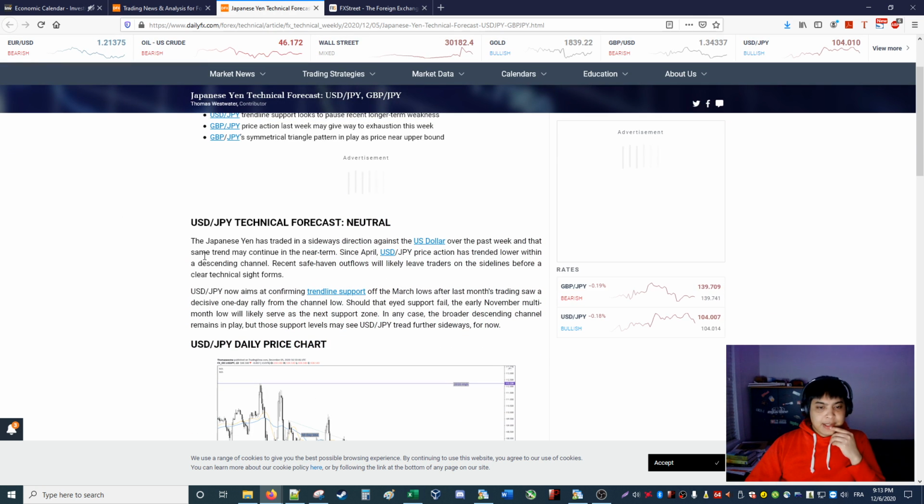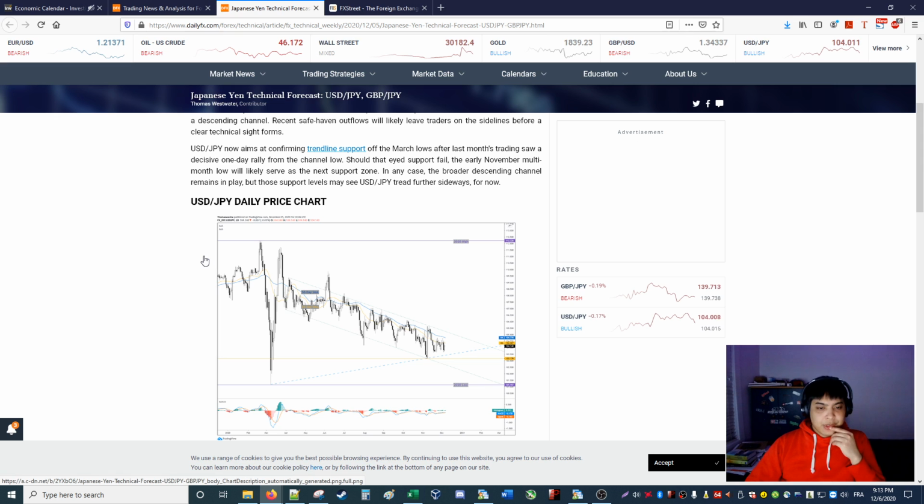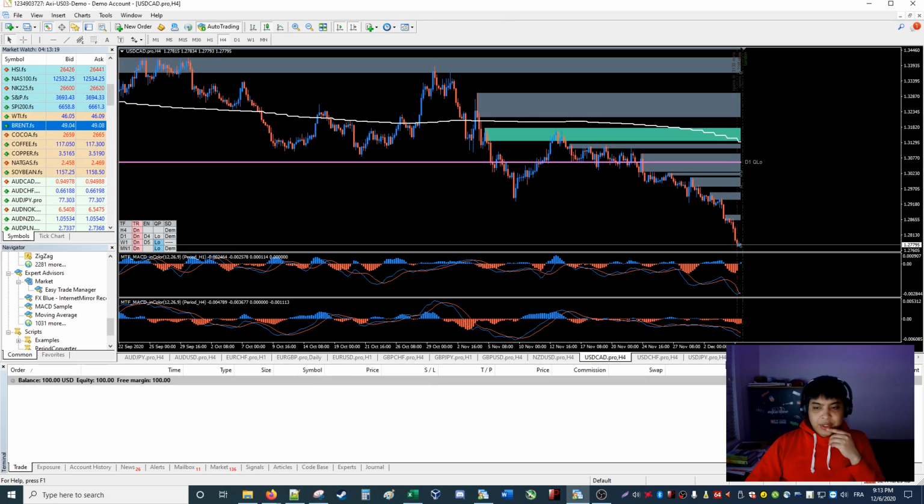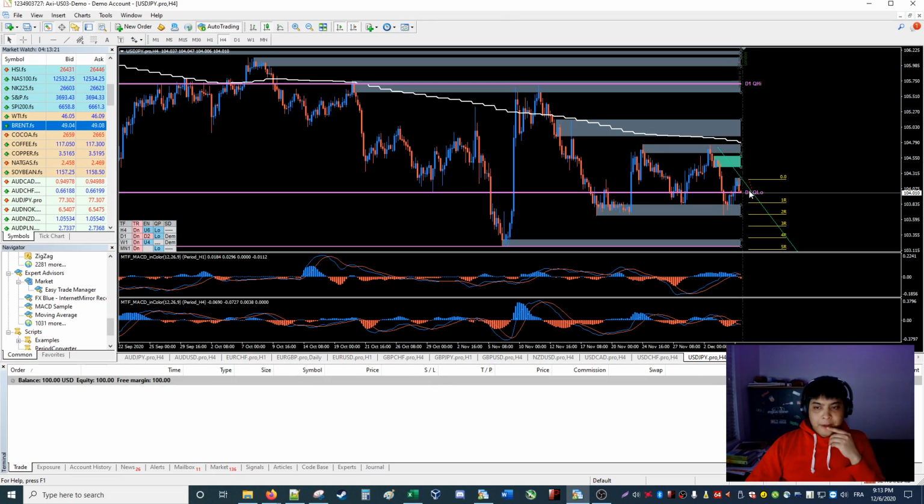And here it also confirms that the USD JPY is in the channel, and it wants to touch the lower bound, which coincides with this one here. So we're going for a sell, so we're good here.